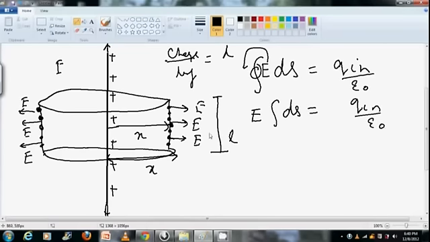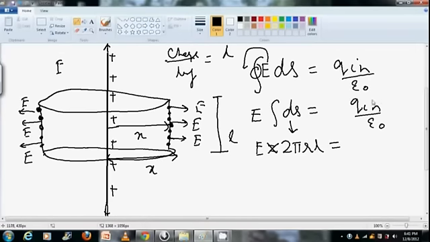Now what is the surface area of the curved surface of a cylinder? From basic class 8 mathematics, we know that the total surface area, integration of ds, of a curved cylinder is 2 pi r L. So this can be written as 2 pi r L, and that should be equal to q inside.